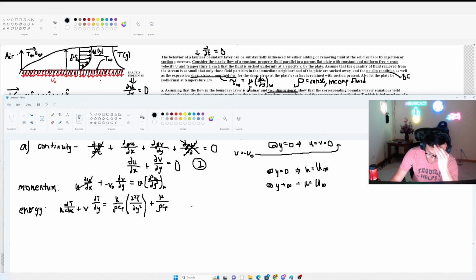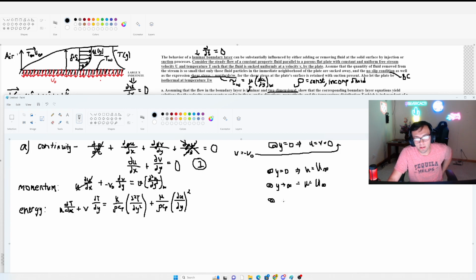And that's going to be times du over dy squared. And this right here is called viscous dissipation, which basically only really occurs at high velocities, but we're going to assume it's here in this case, just because it's in the problem.